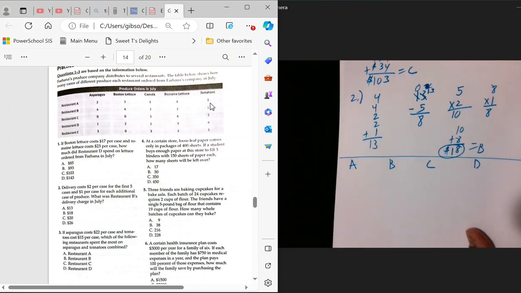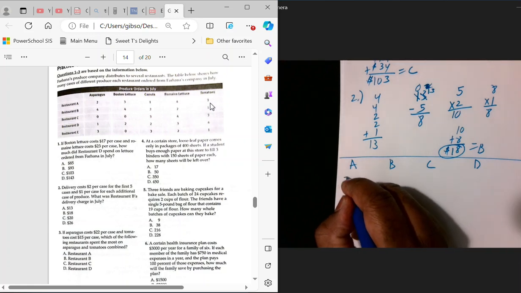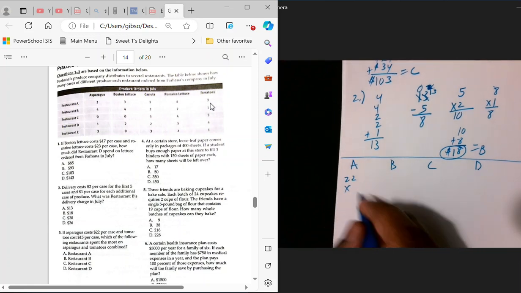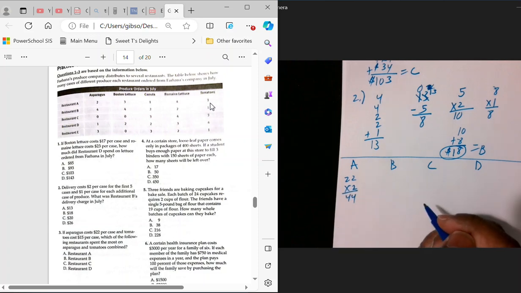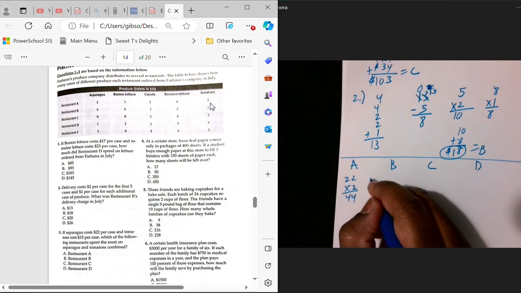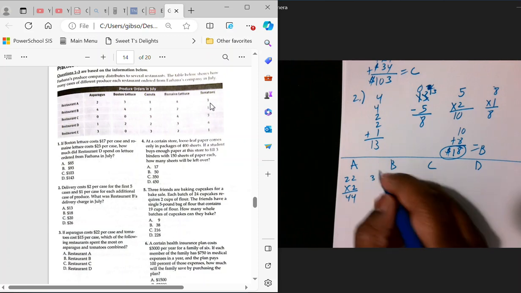So with restaurant A, we had 22 times 2, which is 44. Then we have 3 cases, so it's $15 per case.